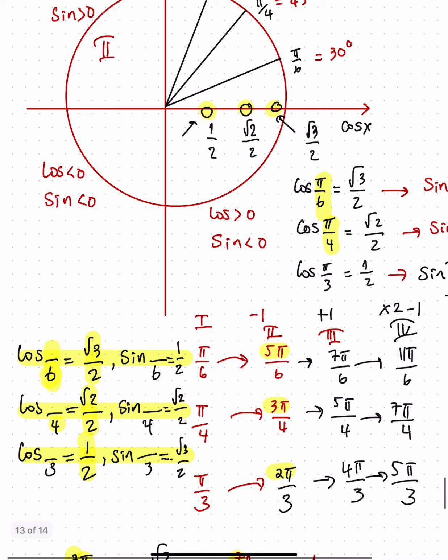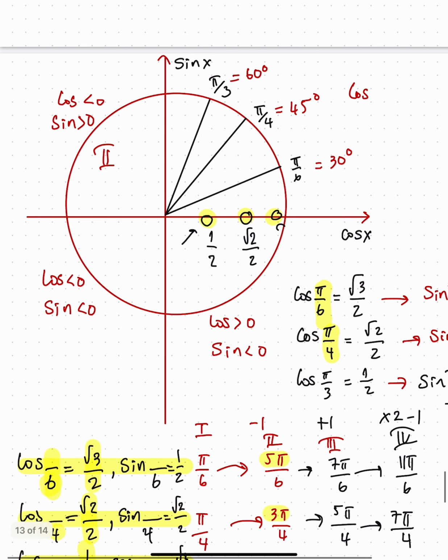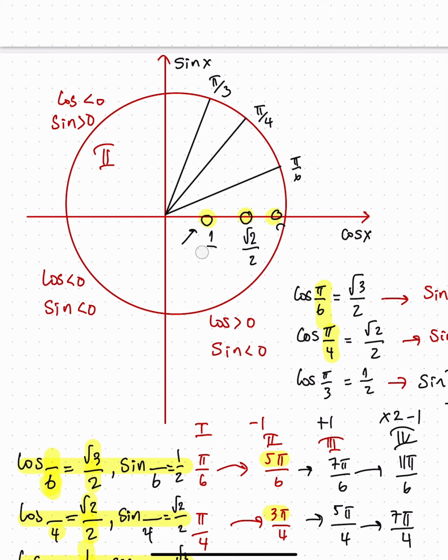How about tangent? We focus on tangent. The tangent is not in the circle, but it stays right here. There are three values of tangent.